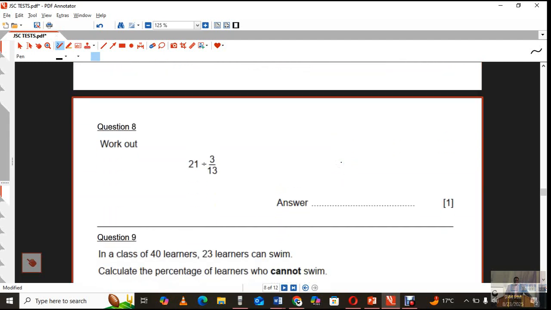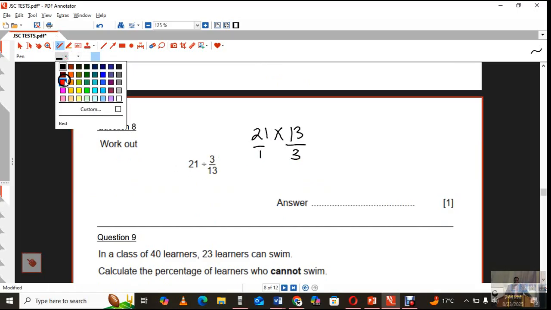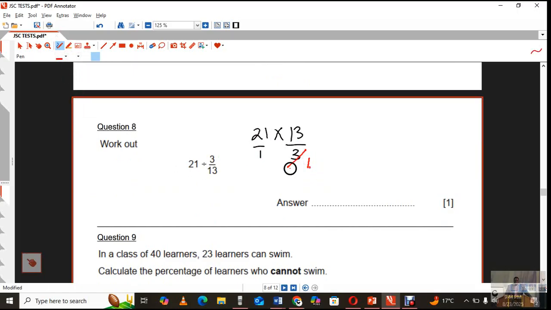Next question, you have 21 divided by a fraction, so you're going to change that division to a multiplication, and then you are going to invert that fraction. Of course, 3 goes in itself 1 time, and 3 goes here 7 times. So you are now left with 7 times 13, which is the same as 7 times 10 plus 3.